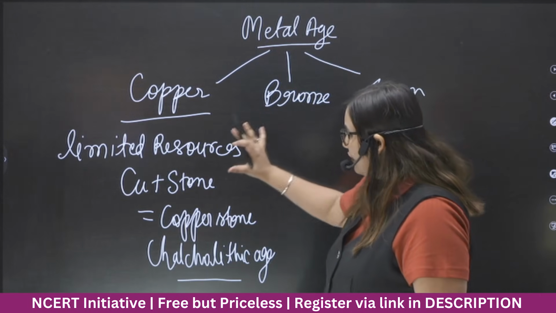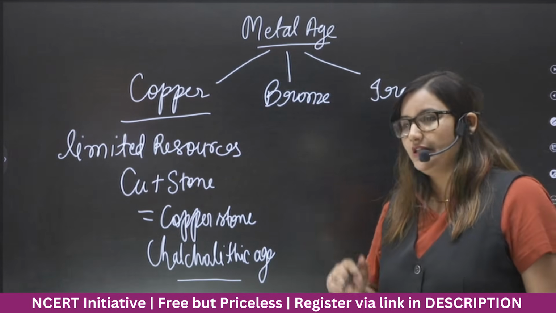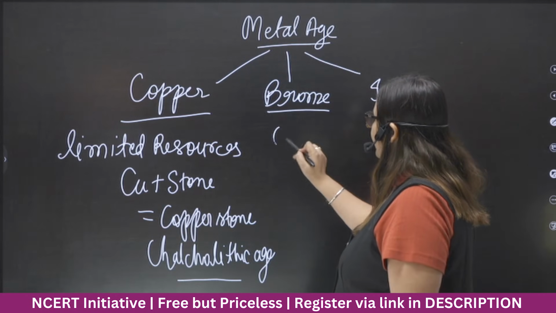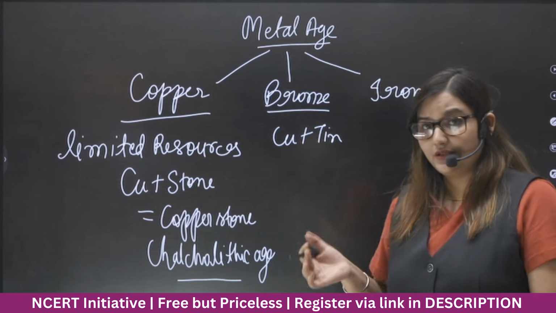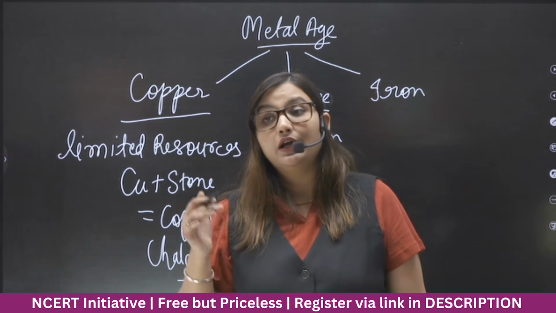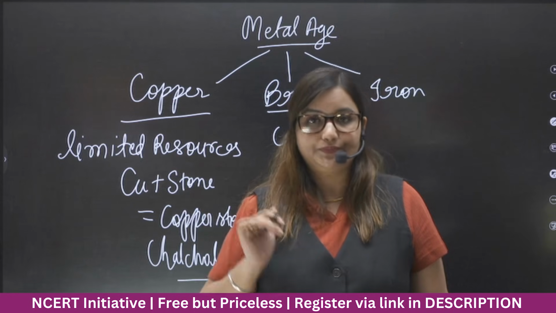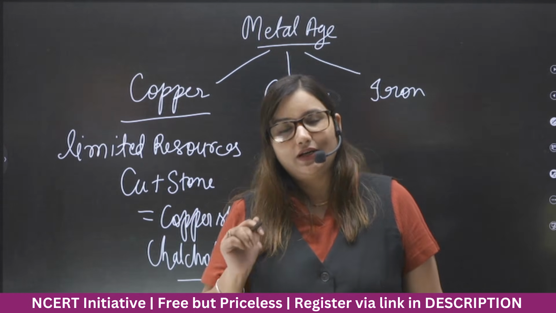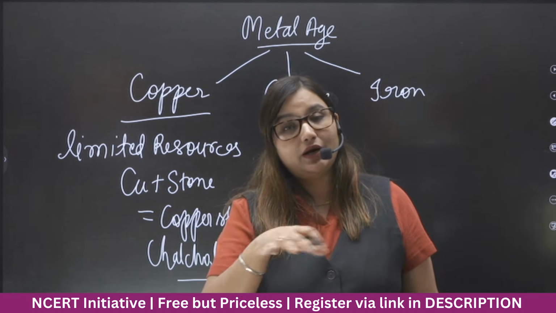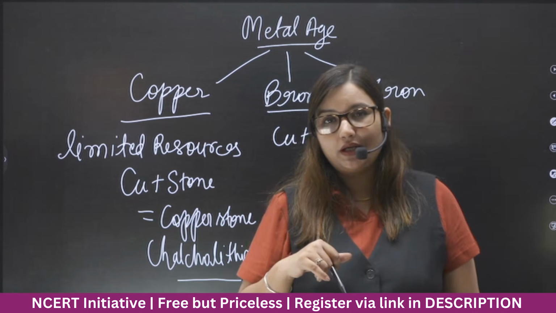Now, with the development of the Chalcolithic age, people mixed copper with tin. Initially, you will see that in the Bronze civilization or Harappan civilization, tin was imported. We used to import it from China, sometimes Afghanistan, sometimes the part of Rajasthan which is there in present Pakistan.